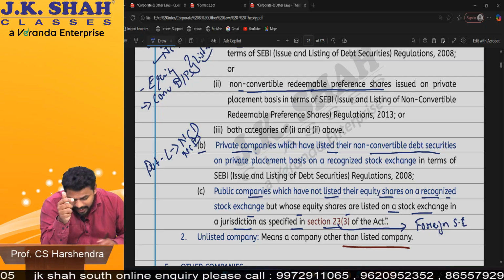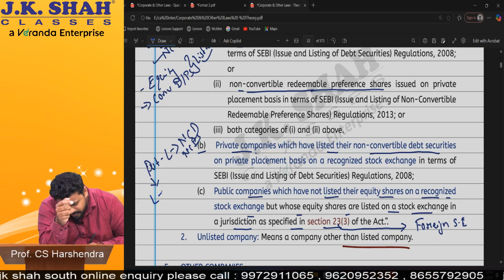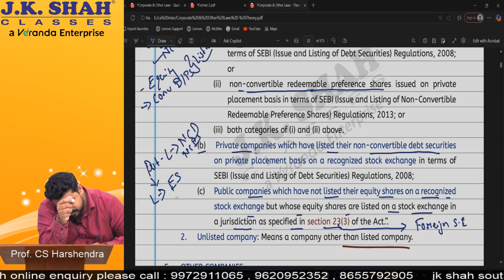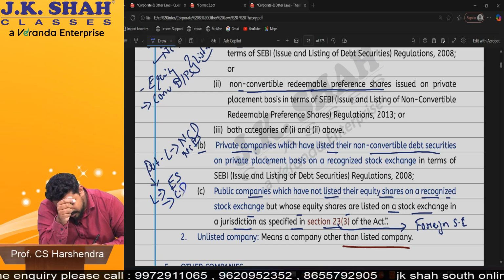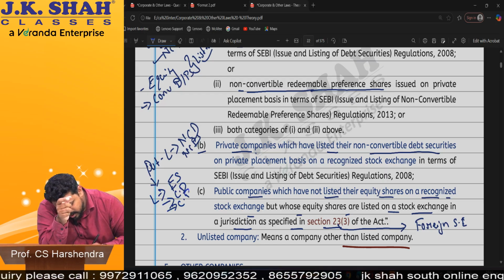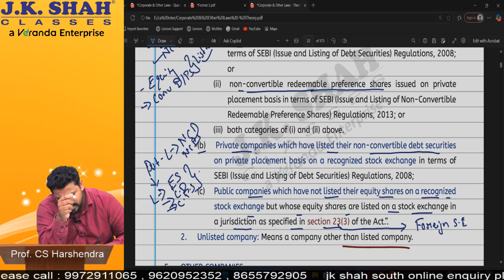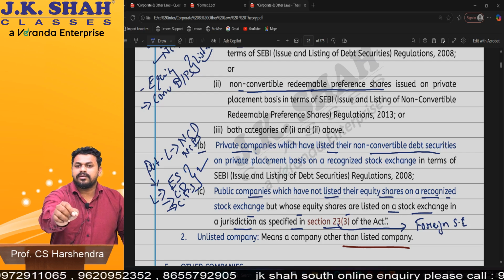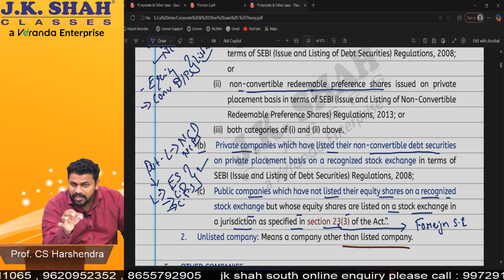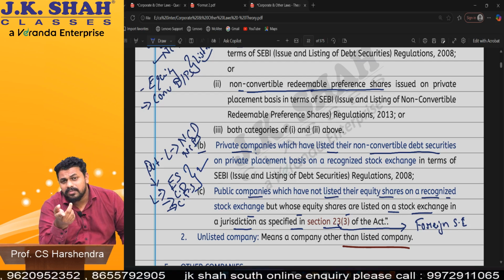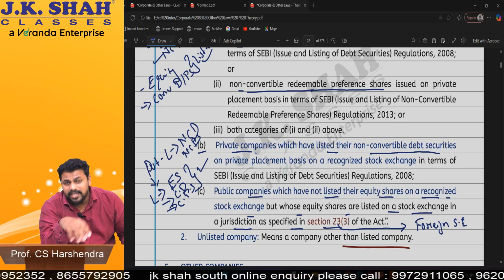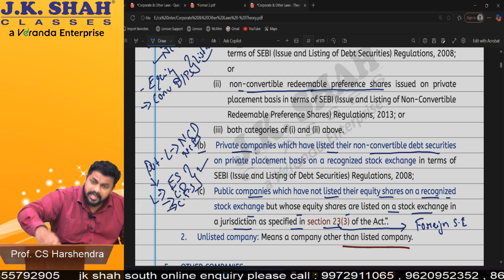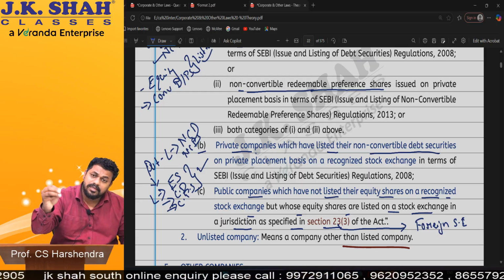No. But if it has listed its equity shares or convertible debentures or convertible preference shares, will it be called a listed company? Yes. So if my company is a public or private company which has listed its equity shares or convertible securities on a recognized stock exchange in India, then only it will be called listed.